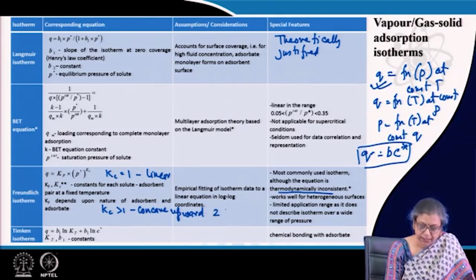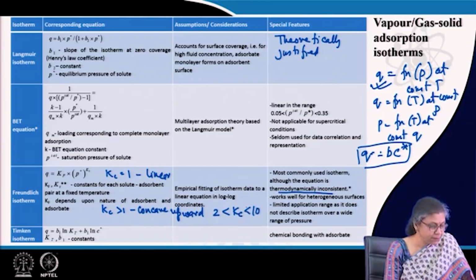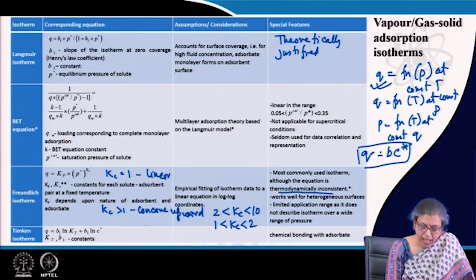Normally, 2 less than Kc less than 10 predicts very good adsorption capability, and 1 less than Kc less than 2, a value of Kc between 1 and 2, represents moderately difficult adsorption capacity. If Kc is less than 1, then it definitely shows very poor adsorption capacity.